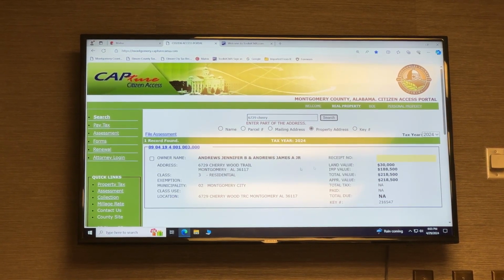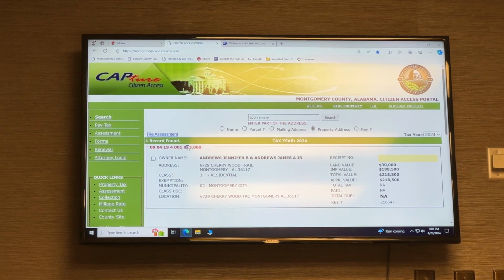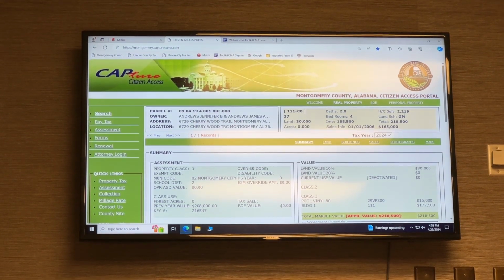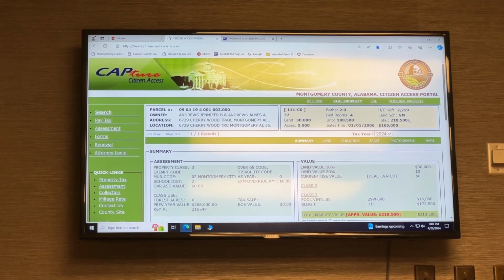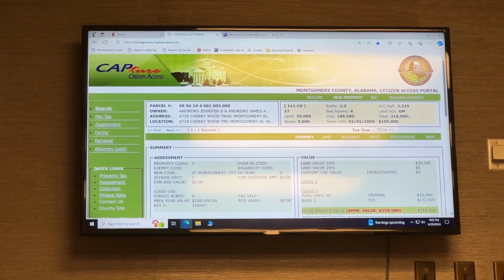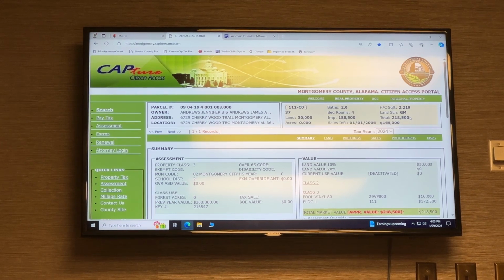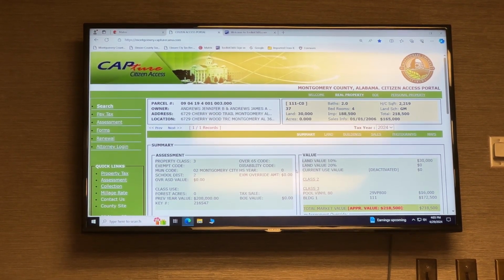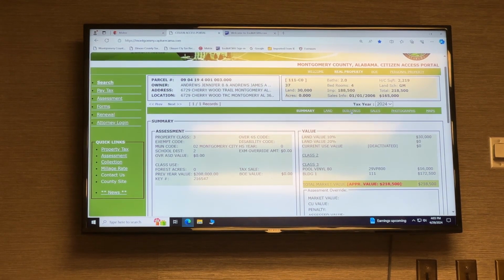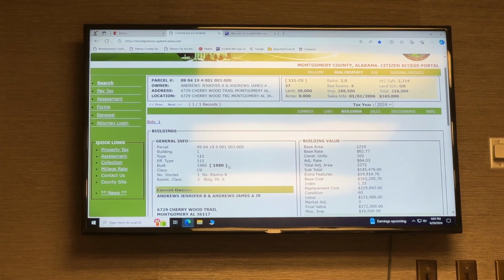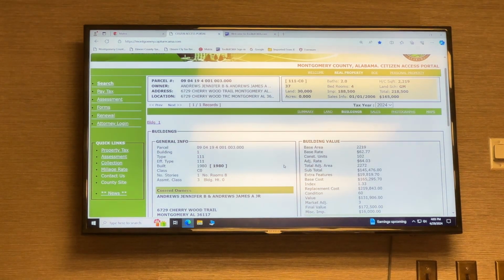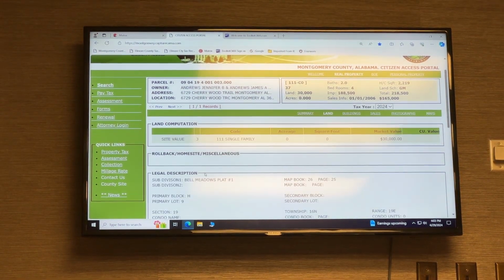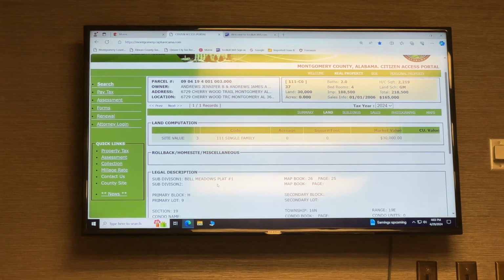So now I know how big it is per tax records, and bear in mind, when you're listing a piece of property, you have to quote your source. This is a source, tax records. I know I've got 2,219 square feet in the house, and the building was built in 1980. Information I have to have: subdivision, Bell Meadows.